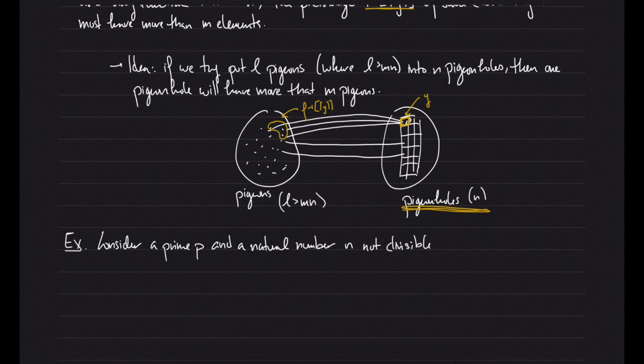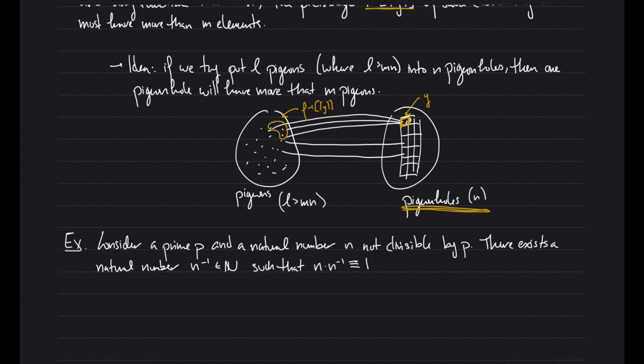Okay, so we're going to consider a prime p and a natural number n that's not divisible by p. So p is not a factor of n. I claim that there exists a natural number that I'm going to call an inverse of n, which is a multiplicative inverse of n.